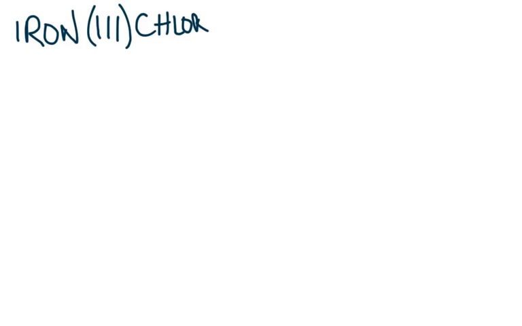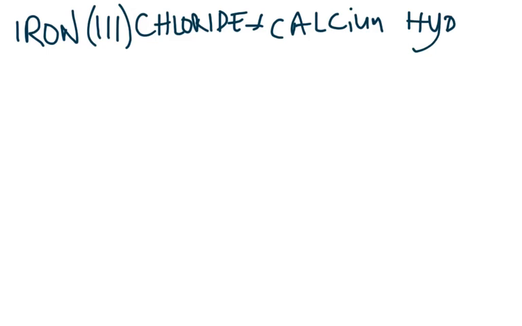So we're going to start with our iron 3 chloride, plus calcium hydroxide. We have to remember everything we've learned about polyatomic ions, Roman numerals, and transition metals.